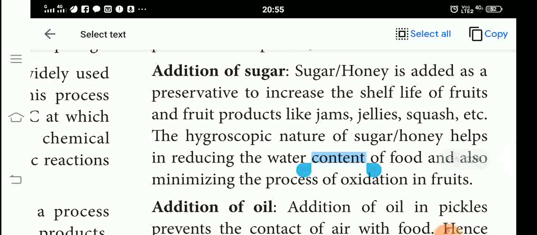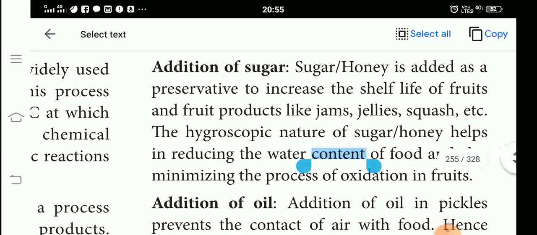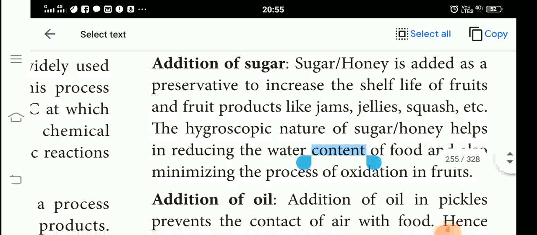Sugar and honey will increase the shelf life of the fruit. Shelf life means the duration of usage is increased and spoilage is reduced.